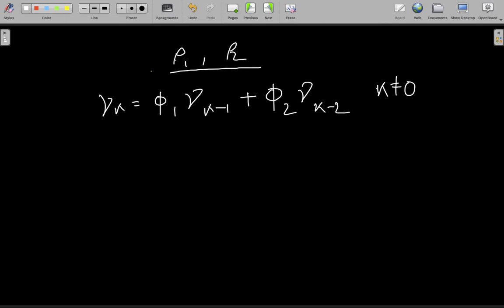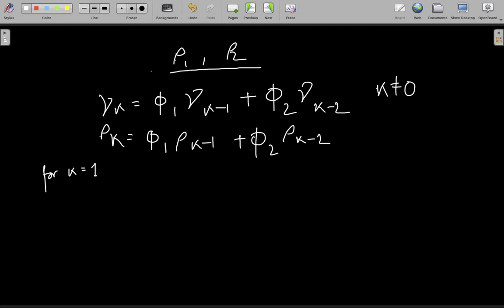So that is my Yule-Walker equation, and I can also write it in the form of rho. I can write rho k equal to phi 1 rho k minus 1 plus phi 2 rho k minus 2, right? Great. Now for k equal to 1, if I just substitute the values, rho 1 is equal to phi 1 rho 0 plus phi 2 rho 1, because I know that rho 1 is nothing but rho minus 1.